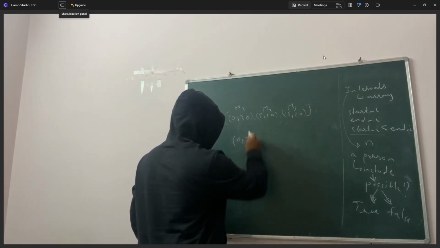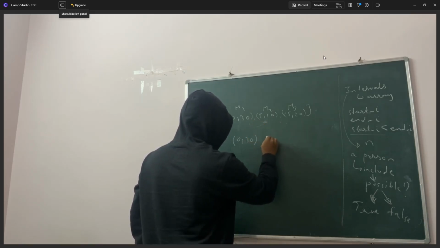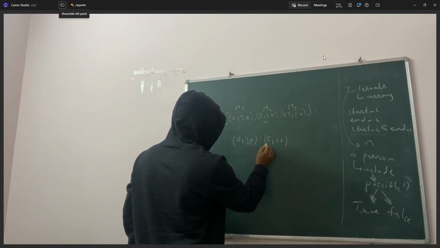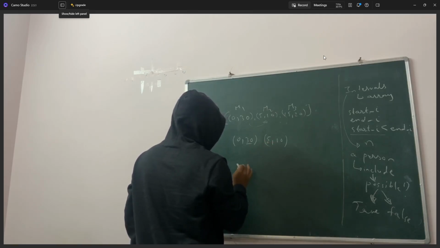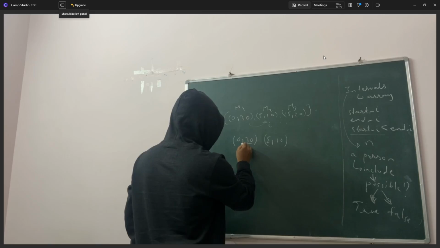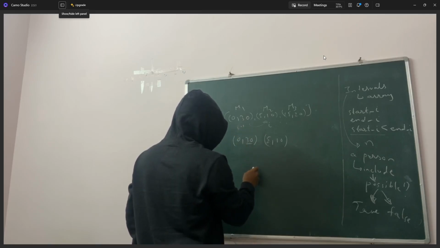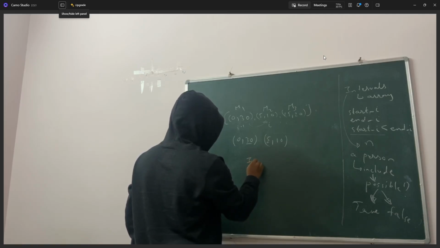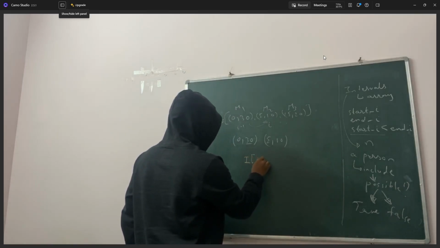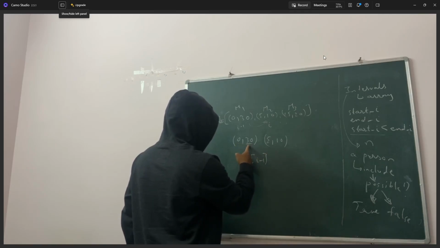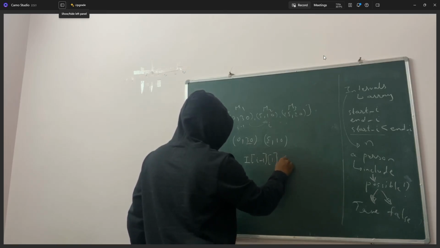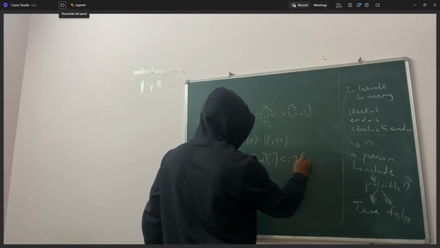Now when you move to the next index, it is 5 comma 10. Since you are attending the previous one, you will check that it is ending at 3, but this is starting at 5. So if I take this as i and this as i minus 1, your condition will be: intervals, let me write intervals as capital I, intervals of i minus 1, at index 1, which is the ending time, has to be lesser than or equal to intervals of i at index 0, which is the starting time.